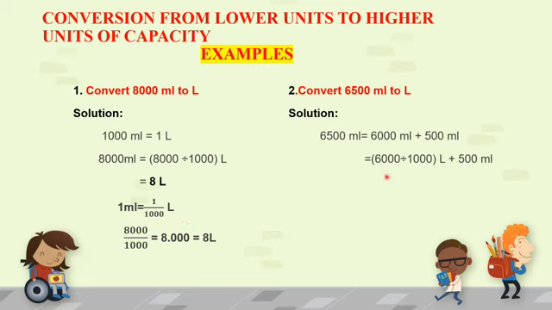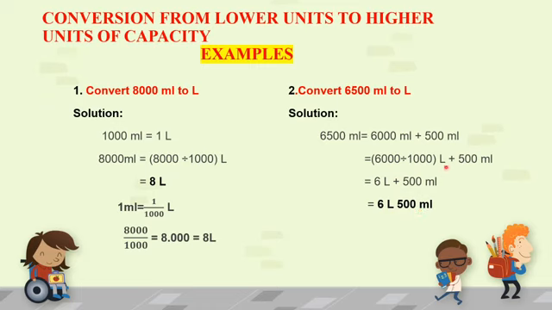So we will divide 6000 by 1000. 6000 divided by 1000 is 6 liters plus 500 milliliter. And then when you write the final answer, you remove the plus sign. So your answer will be 6 liter 500 milliliter.